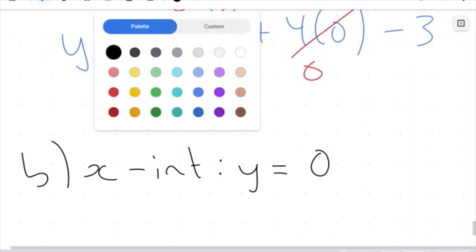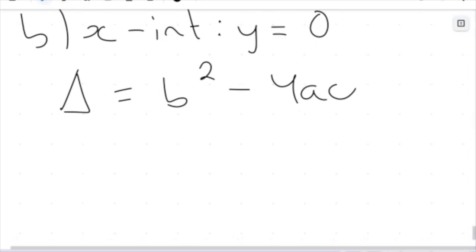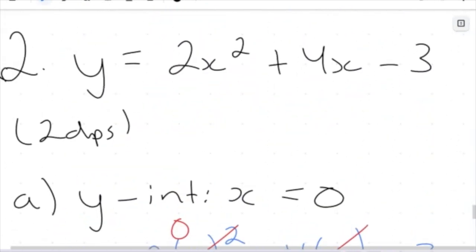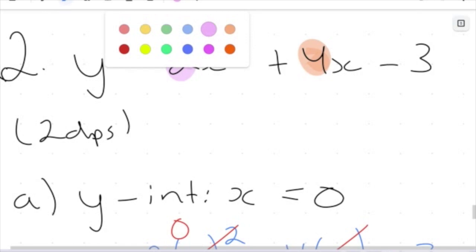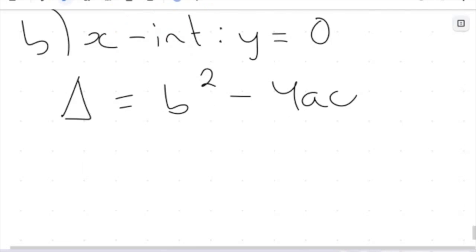So I'm going to just really quickly substitute this into the formula of my discriminant. Discriminant equals b squared minus 4ac. So in place of the b, I'm going to put 4. In place of the a, I'm going to put 2. And in place of the c, I'm going to put negative 3.